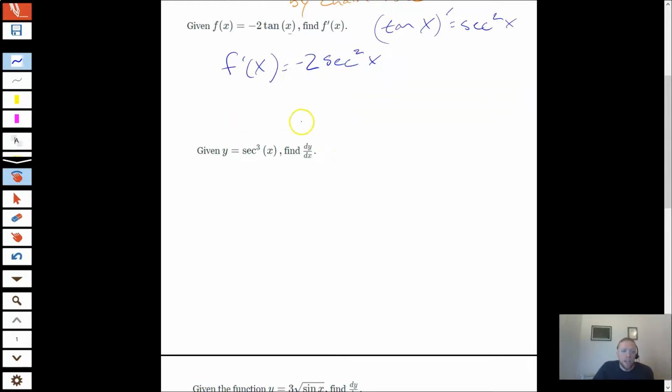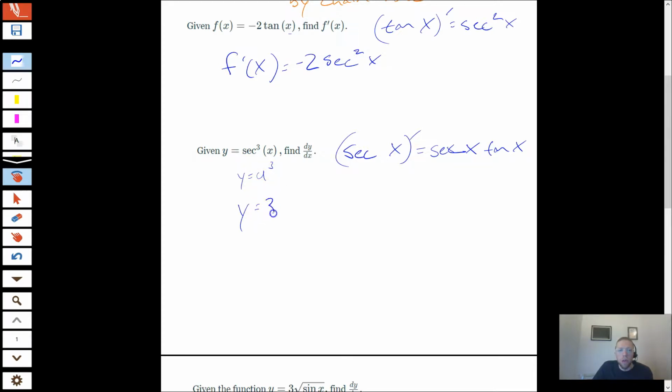Okay, then we'll tackle this next one, and here I'm going to use chain rule again, right? So I have really, this is like some function to the third, and then the inside is secant. So I need to know the derivative of secant x, and that derivative is secant x tangent x. Okay, and then the derivative of just u to the third would be 3u squared by power rule, right?